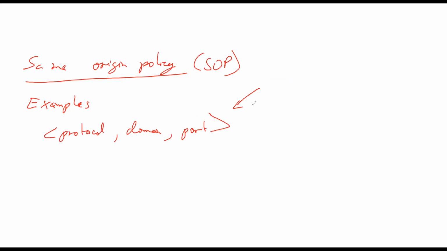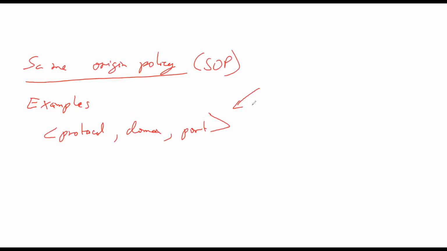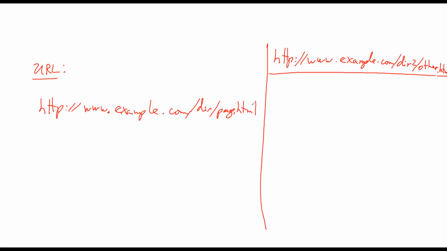So the question is, do these two things have the same origin, given the definition? The protocol and the domain are the same. And the port is not there, so we assume it's the same. They're both HTTP, they're both the same domain.